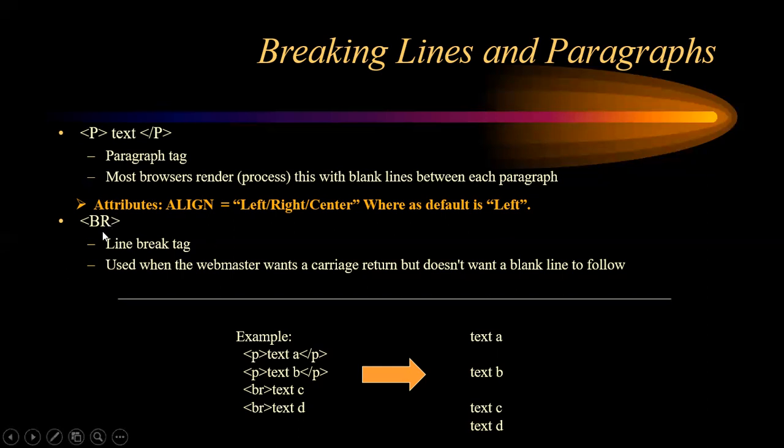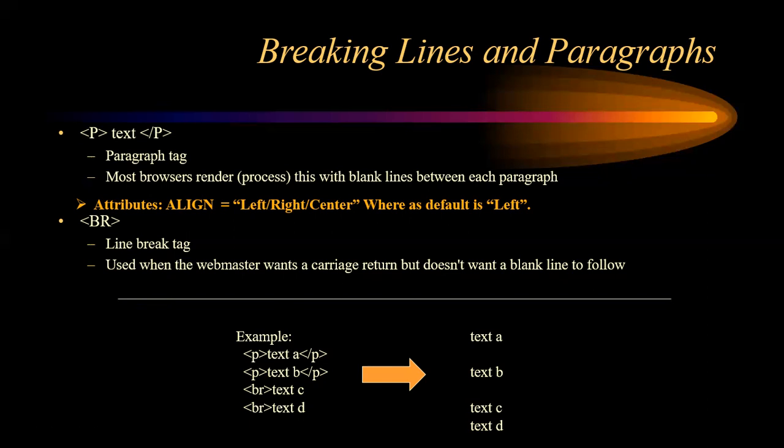Then the next tag over here, the BR tag, is a single or empty tag which inserts the line break, meaning it inserts a single line in a web page document. It is used when the webmaster wants a carriage return but does not want a blank line to follow.